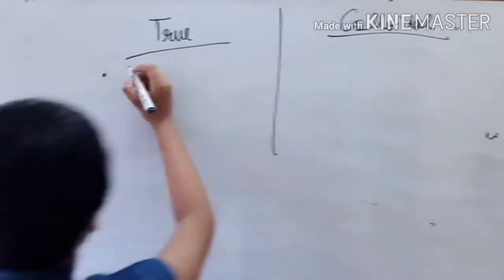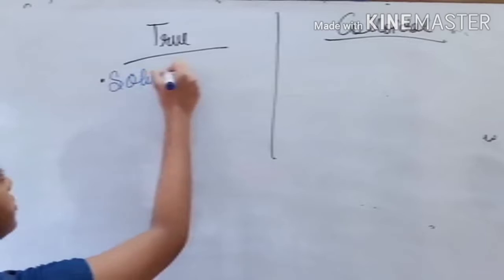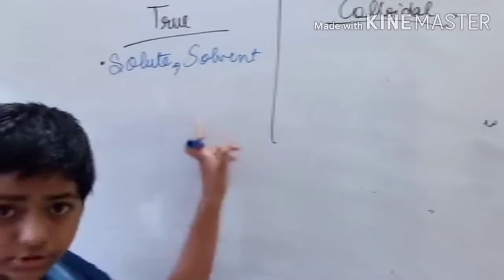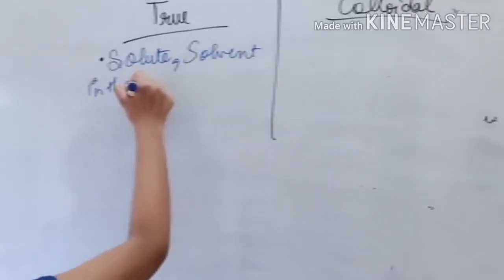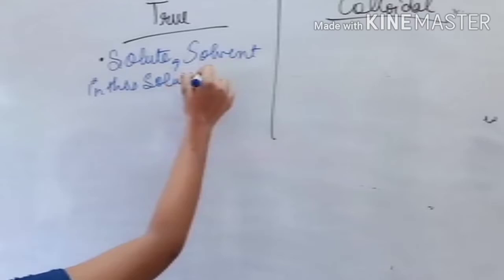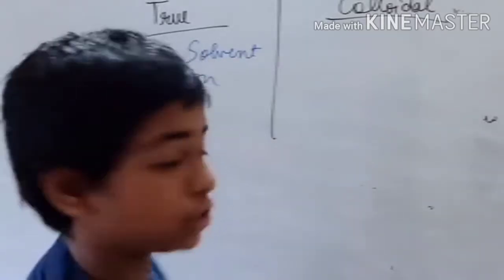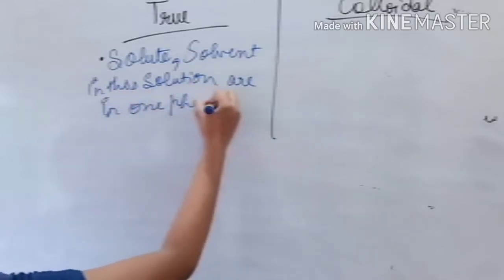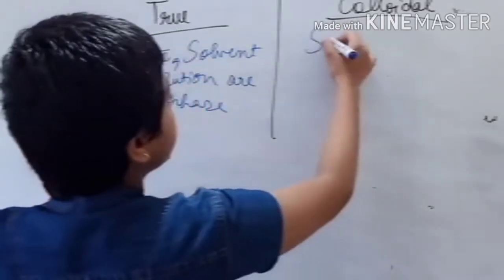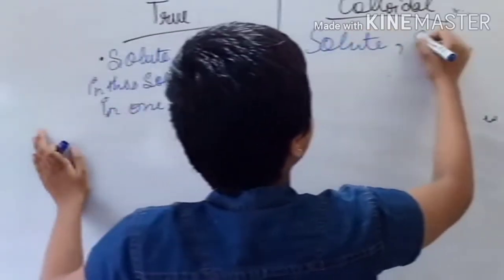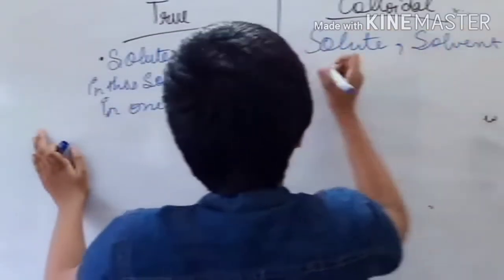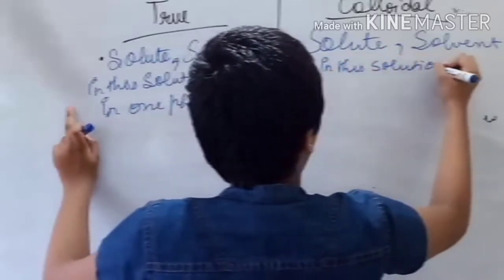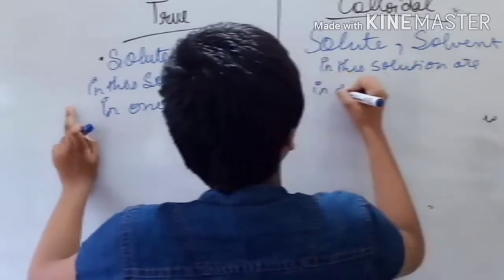In the true solution, the solute and solvent are in one phase, and over here, in the colloidal solution, the solute and solvent are in different phases.